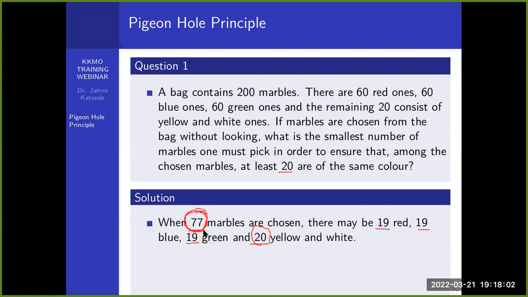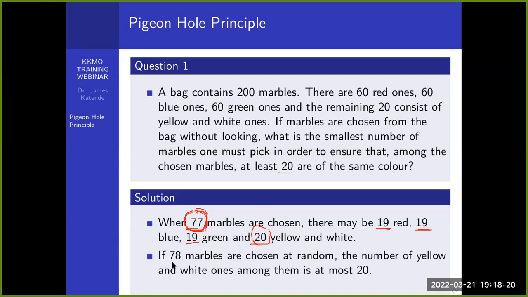So the next thing you will try to do is to increase this 77 until you get to some number that makes sense. And since you just need one more to cross the line to get to 20 from the numbers that you have picked for the red, blue, and green, you can try to increase this by 1. So now suppose you pick 78. Among the 78, the yellow and white ones, of course, will be at most 20.